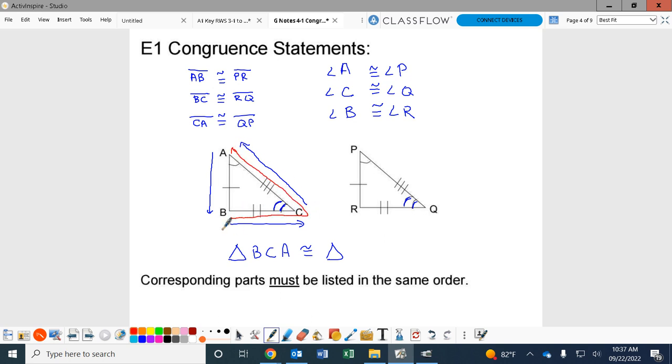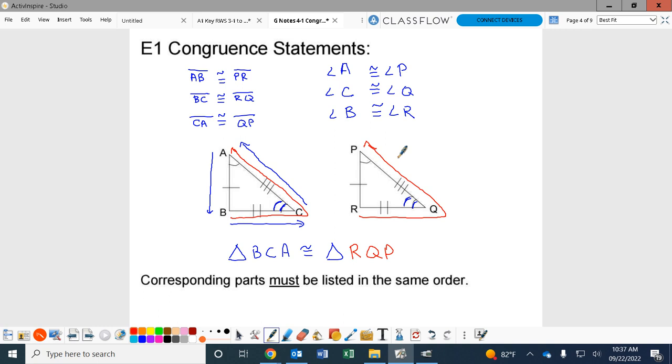If I go B, C, A, what would I have to do for this one? R, Q, P. Perfect. R, Q, P. Do you see I'm going from R, going to Q, then going up to P. I'm just matching the order. Any questions about the correspondence, the order matching up? Okay. Did I have to say BCA?